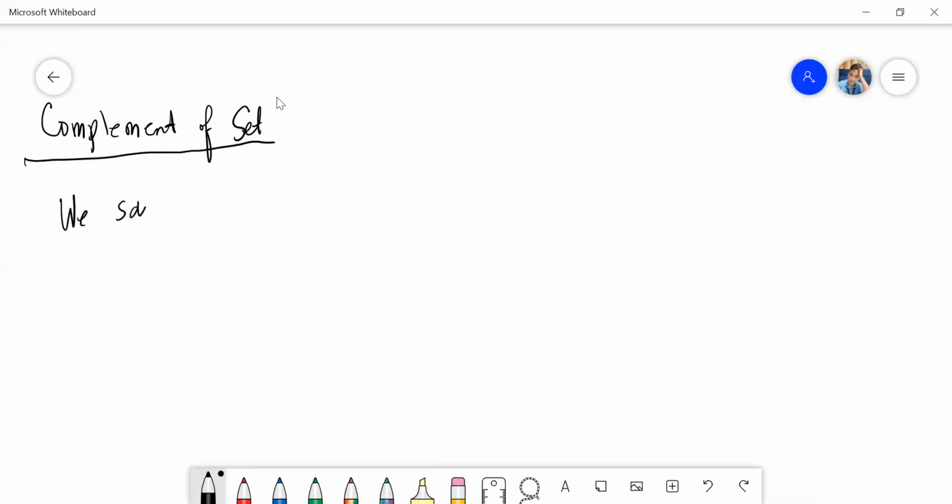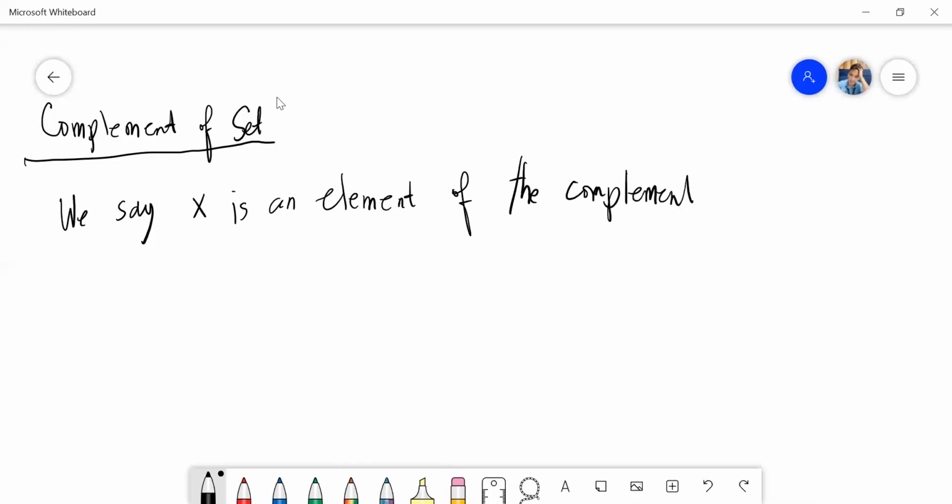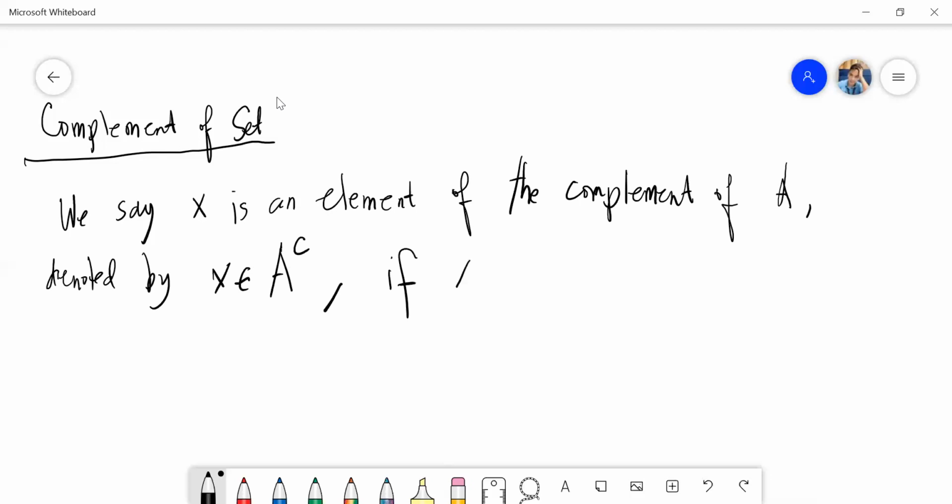So we say x is an element of the complement of A, denoted by A complement, if x is not an element of A, but x is an element of the universal set.